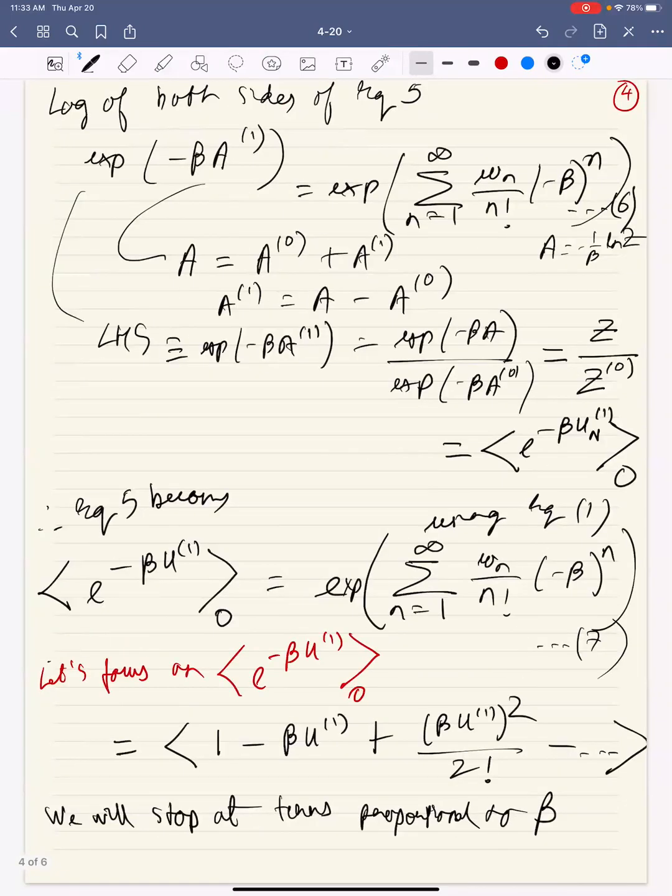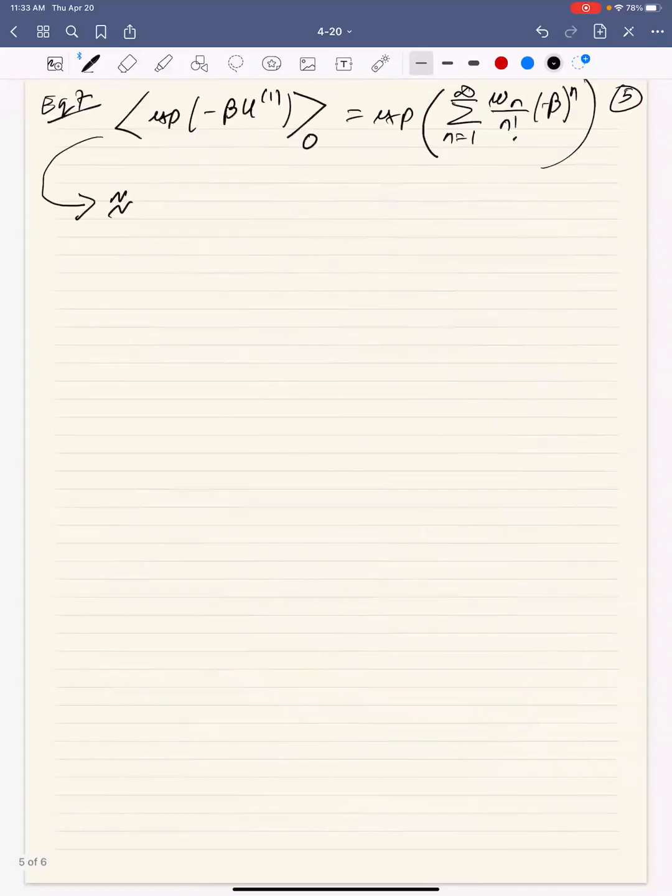That's what makes this thing nice. This power series, n from 1 to infinity, Wn by n factorial, minus beta to the power n. This term, we said we are going to stop at the power of beta to the power 1. So what's that going to be? That's going to be approximately 1 minus beta U1 in 0, right? Because we stopped. We did not go to higher powers of beta.